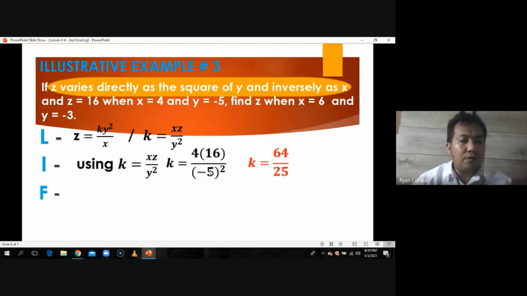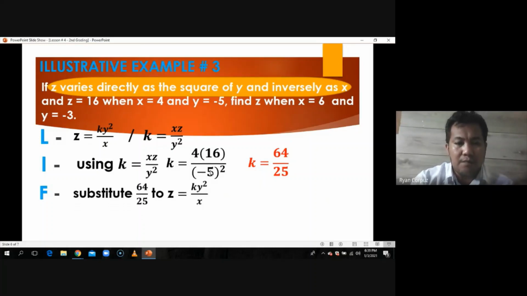Then for the third step, since we already know the value of k, which is 64 over 25, substitute it to the first form equation na z is equal to ky squared over x. So yung 64 over 25, 64 on the numerator part, and 25 on the denominator. Magiging kasama na ngayon siya ng x.